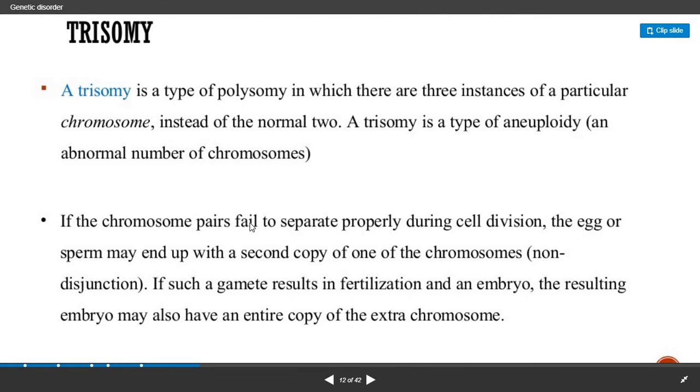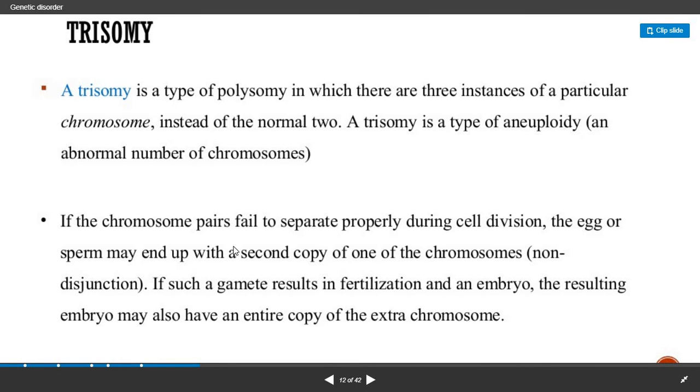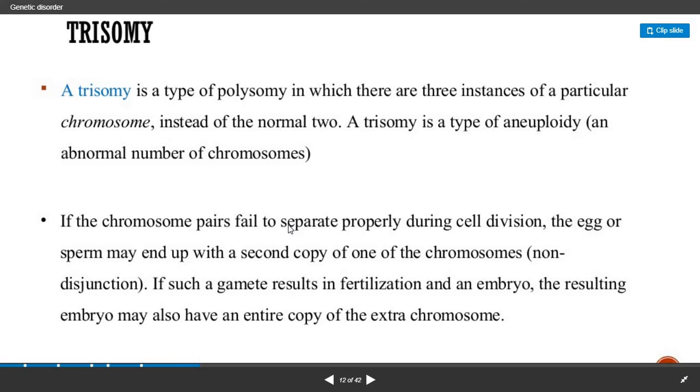If the chromosome pairs fail to separate properly during cell division, the egg or sperm may end up with a second copy of one of the chromosomes, and that is referred to as non-disjunction. This word will be repeatedly used, students, so please remember this term: non-disjunction.